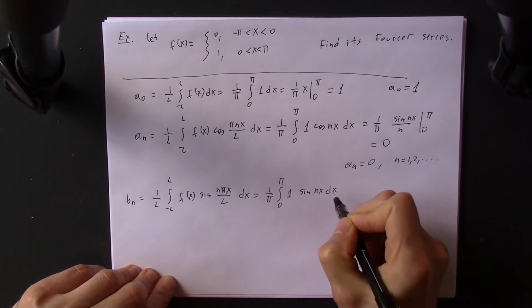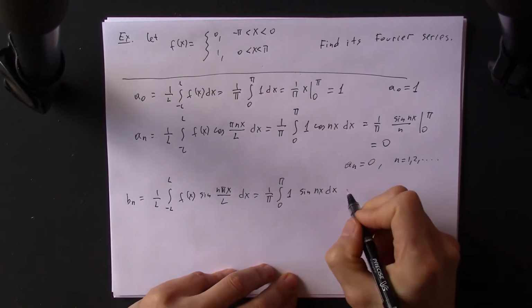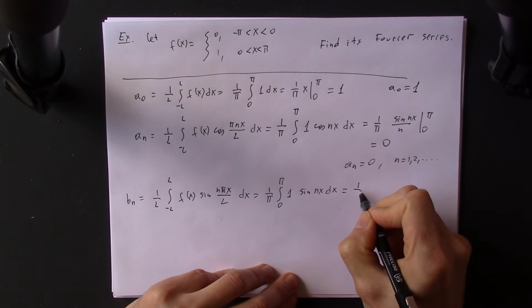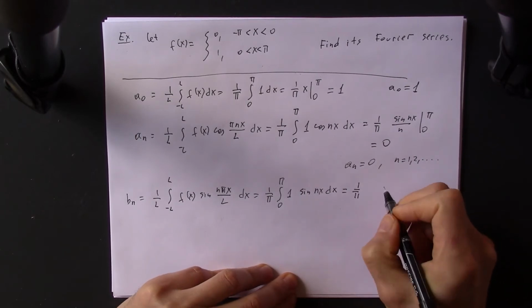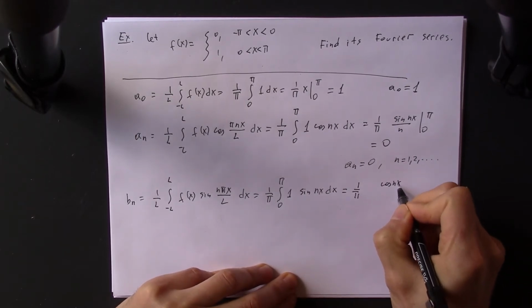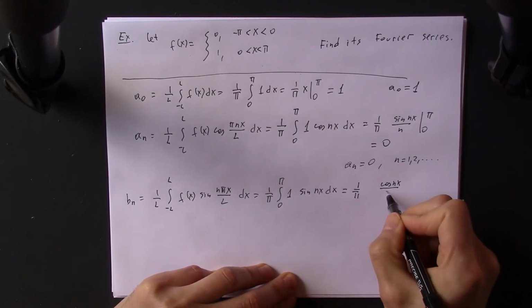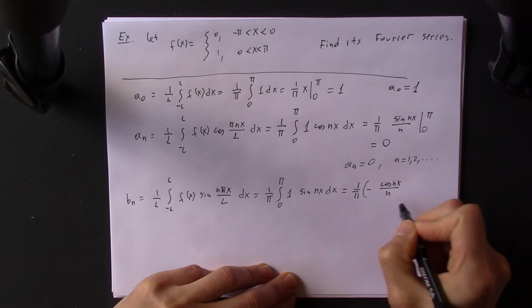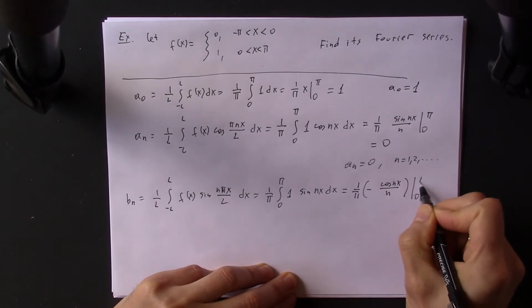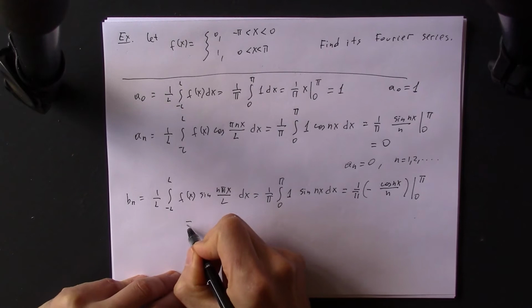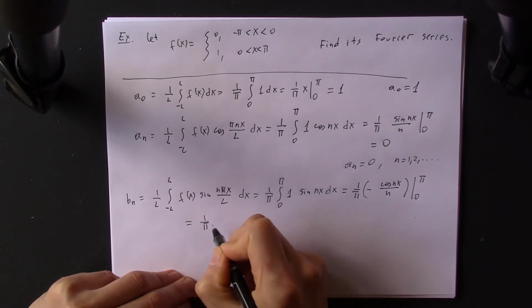Sine of nx dx. The antiderivative of sine of nx is cosine nx over n with minus in front, and we do it from 0 to pi, so it equals to 1 over pi.